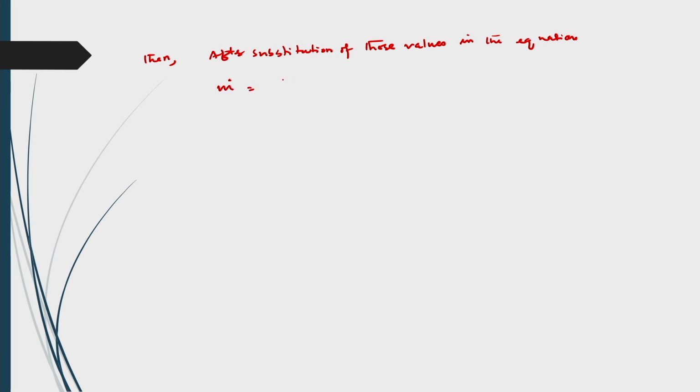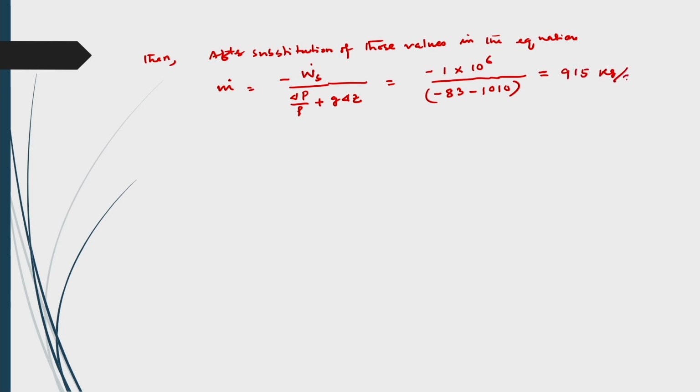m dot will be equal to minus Ws dot by delta P by rho plus G delta Z. It will be coming as minus 1 into 10 to the power 6 divided by minus 83 minus 1010, so it will be coming finally as 915 kg per second.